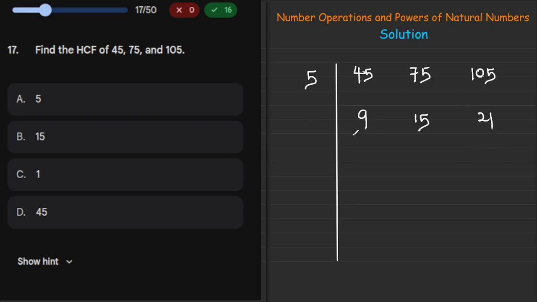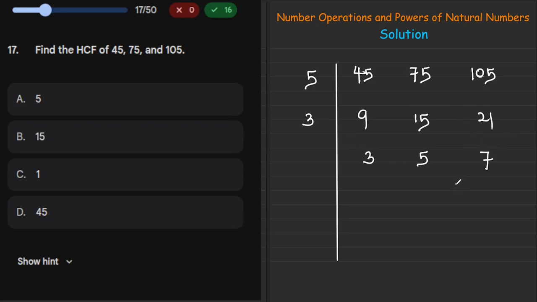So our new set of numbers are 9, 15, and then what? 21. Now we want to use a number that divides all of them, specifically a prime number. And the best prime number is 3. So 3 divides 9 thrice, and it divides 15 5 times. It divides 21 7 times.